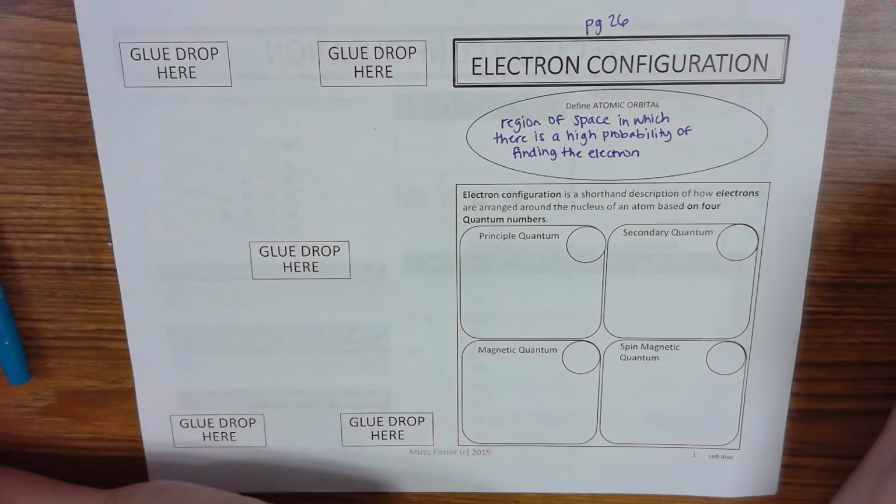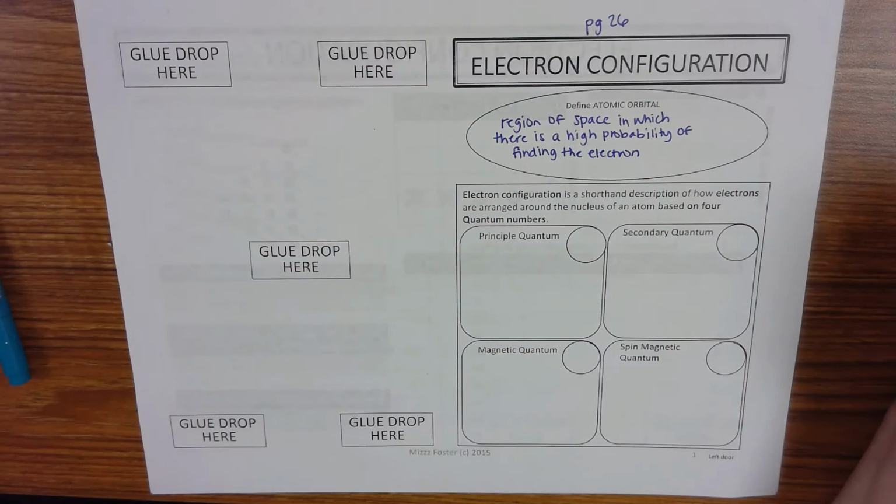So it's a region of space in which there's a high probability of finding the electron.